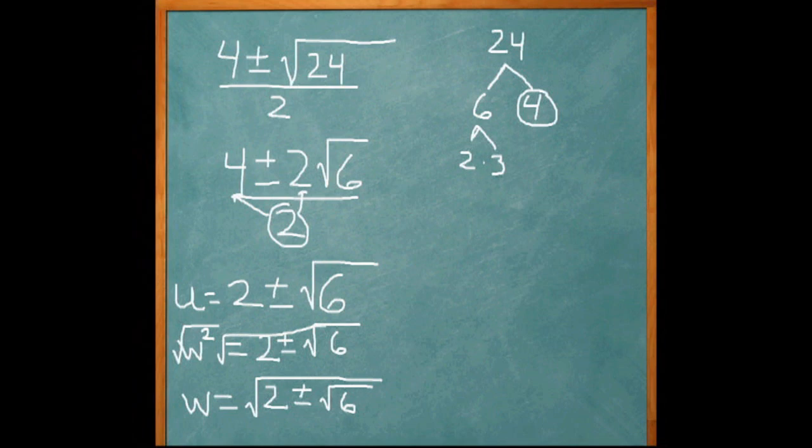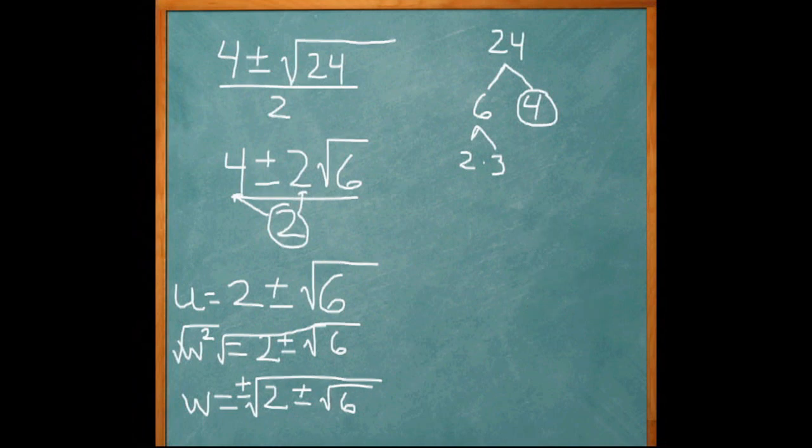Because when you have w squared, you want to find w, you have to take the square root of both sides just to get the w. So really, now when you take the square root of something, you also have the plus or minus. Let's say if w squared was 4, w could be 2, because 2 times 2 is 4, or w could equal negative 2, because negative 2 times negative 2 is also 4.